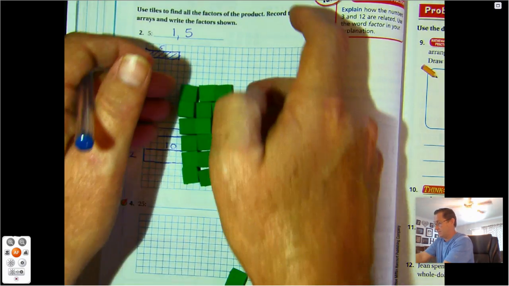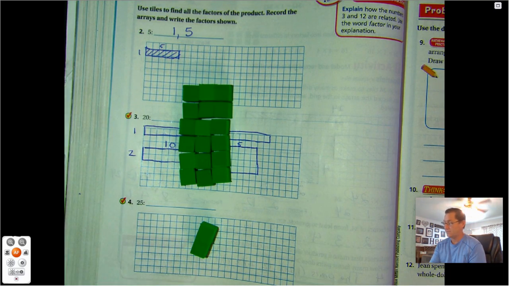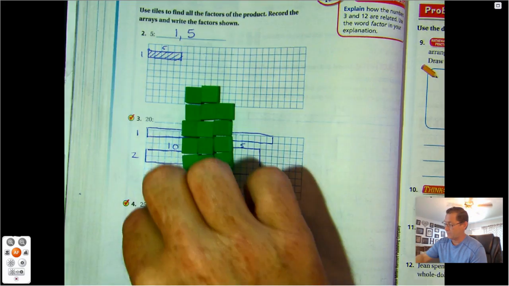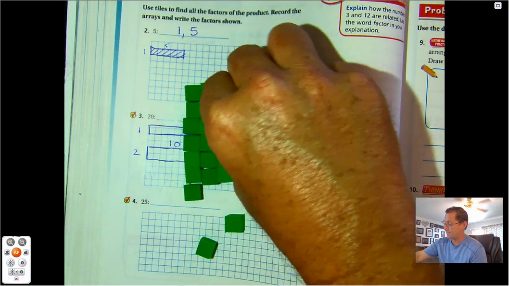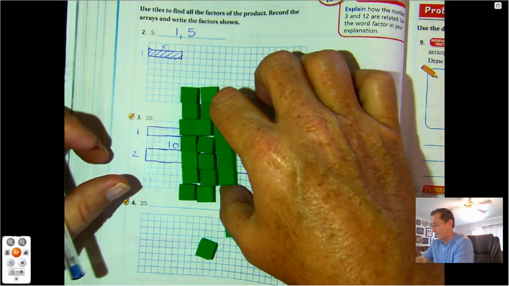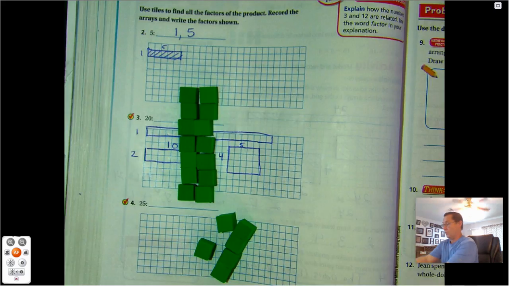So 6 is not a factor of 20. And besides, when I go 6, 12, 18, I don't say 20. 7, well, that means we're adding 1 more to each row, right? And so I'm at 7, 14. Do I have 7 left? 2, 4, 6. No. So when I skip count by 7s, I go 7, 14, 21.